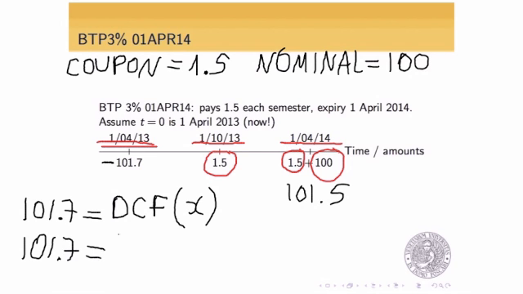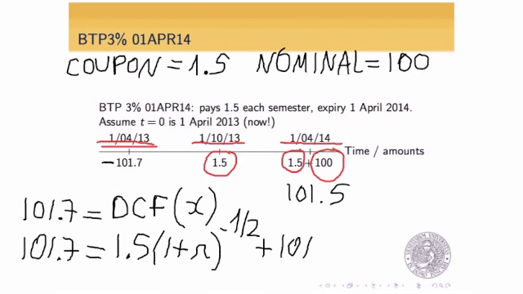So this is the sum of 1.5 times (1 plus r) raised to negative 1/2, because negative 1/2 is negative 1 semester, and I will get my 1.5 in 1 semester, plus 101.5 times (1 plus r) raised to the negative 1, because I will get the 101.5 next year.